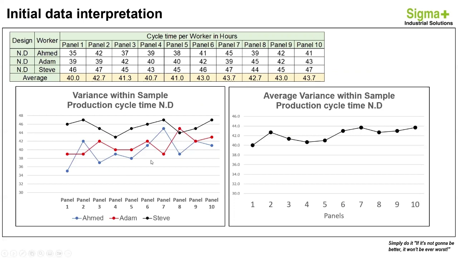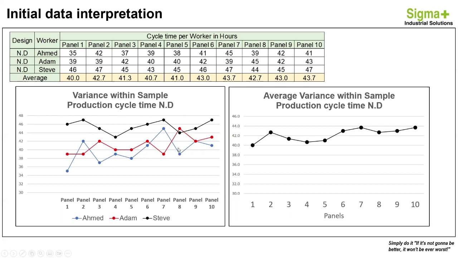So if we look at the first graph, it shows the time consumed by each technician for the North design panel. The black line is Steve, the red one is Adam, and the blue one is Ahmed. Okay, so what can we see here? Each technician has an internal variation, right?